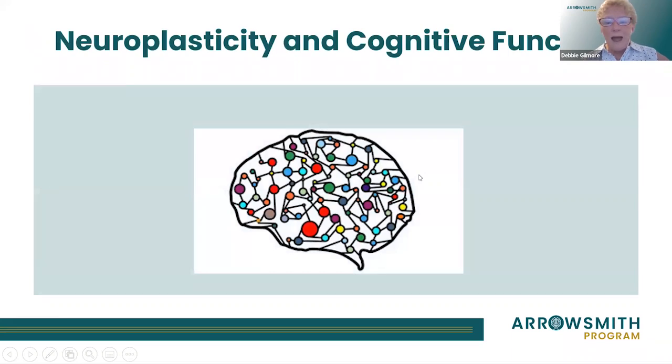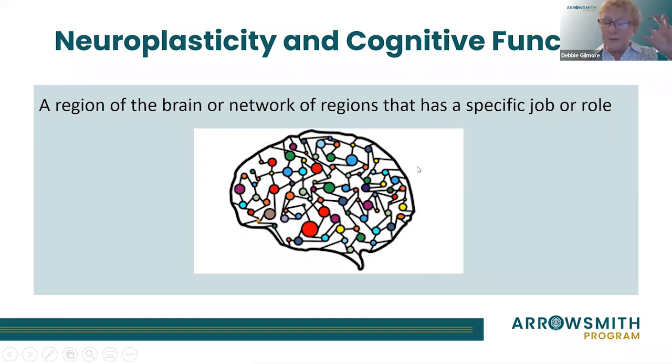What I'm going to do now is start connecting the concept that Tara talked about in our last webinar of cognitive functioning. So we have the definition of a cognitive function.